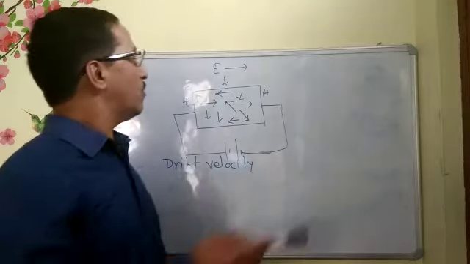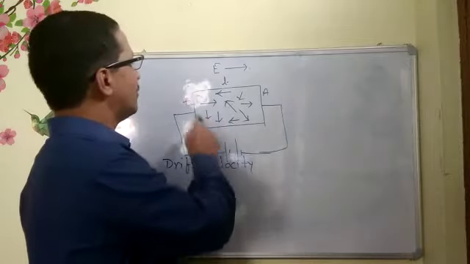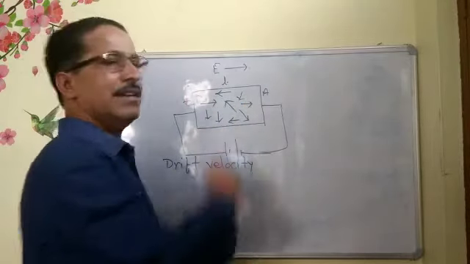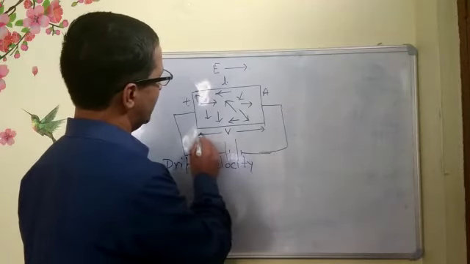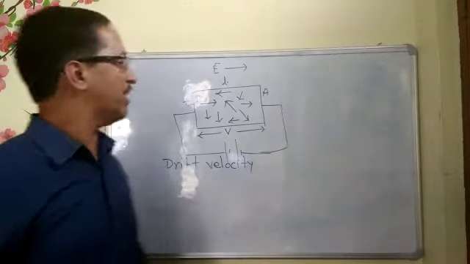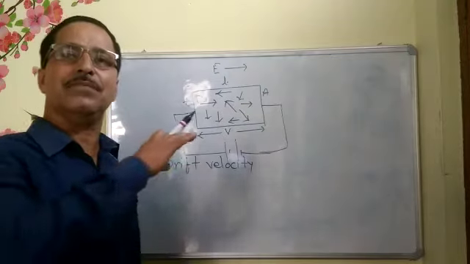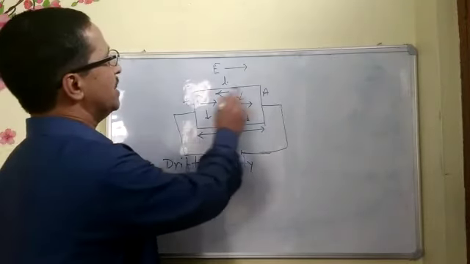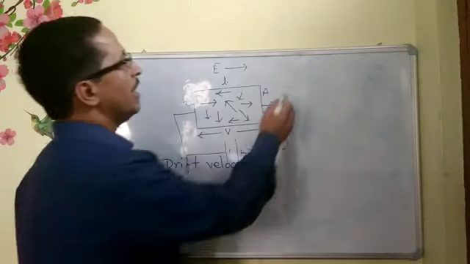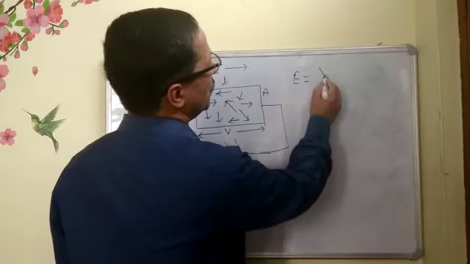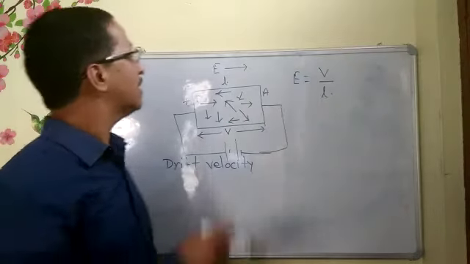For that, let us now imagine a metallic piece of uniform area of cross section A and length L. And suppose the potential difference between the two ends of this metallic conductor is V. Due to it, an electric field will be established in the metallic piece, which will be directed from the positive terminal of this cell to the negative terminal, and will be given by E equal to V upon L, where L is the length of this conductor.